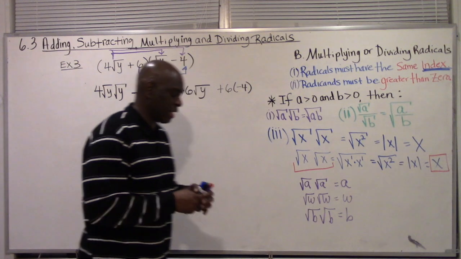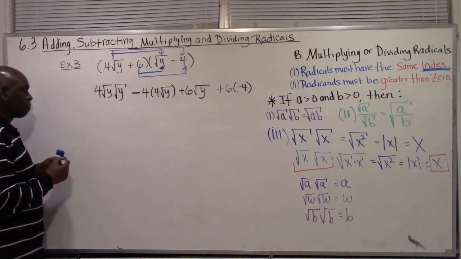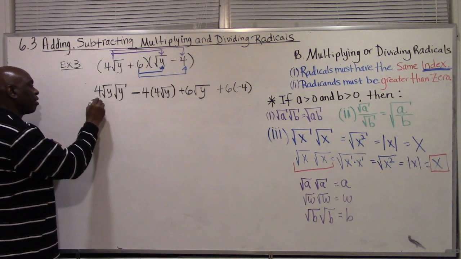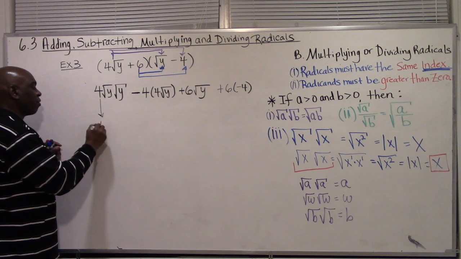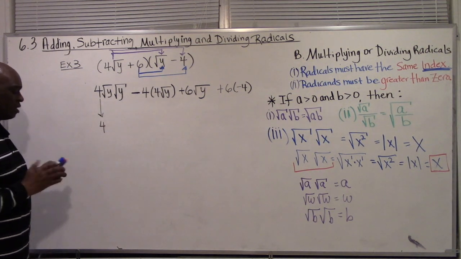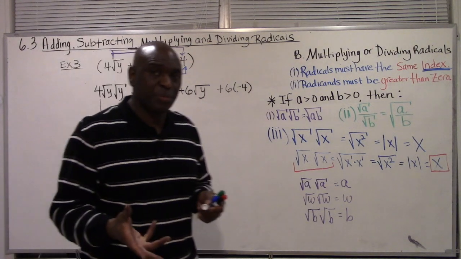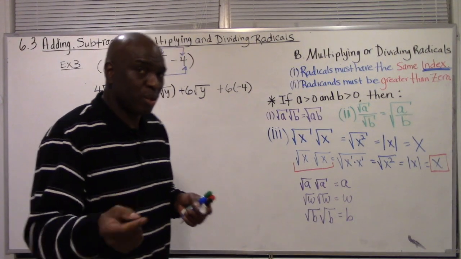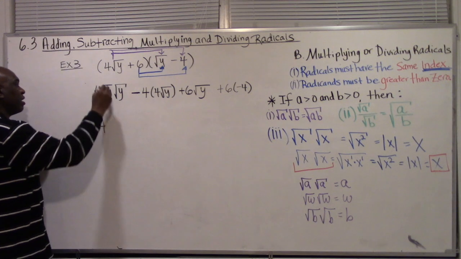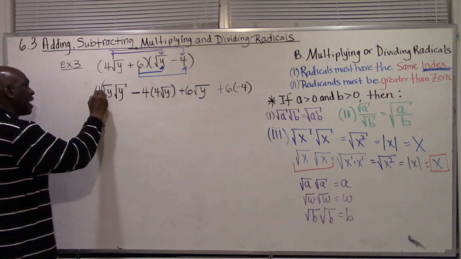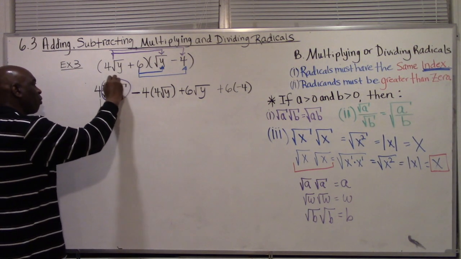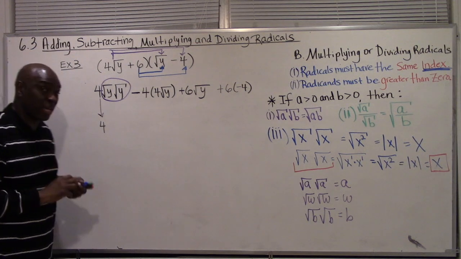All right, check it out. Here we go. The 4, bring it straight down. Boom. All right, come on, come on. Quick thinking, fast moving, even up to modern day times, people. What is it? What is radical y times radical y? What you say?